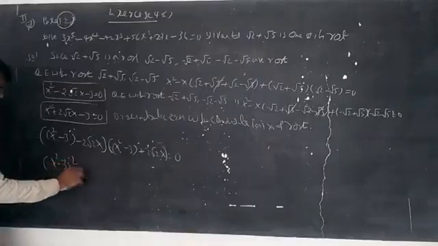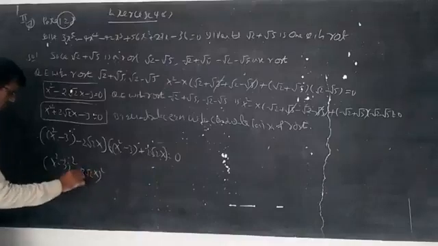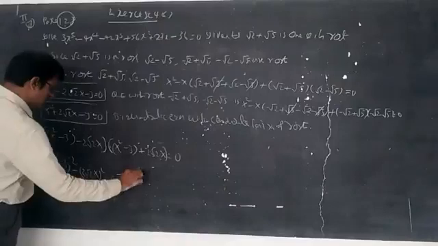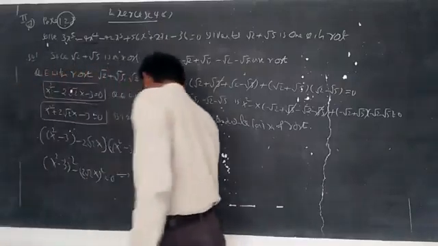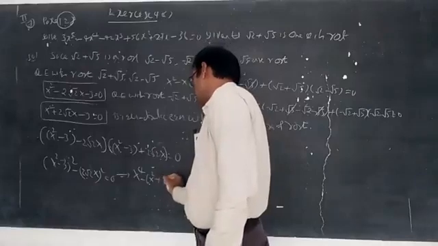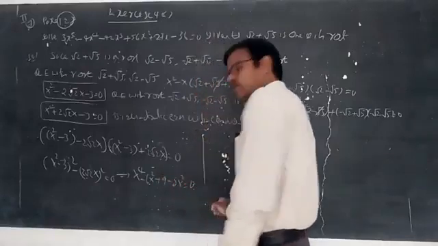x square minus 3 whole square minus 2 root 2 x whole square equal to 0. That implies x power 4 minus 6x square plus 9 minus 8x square equal to 0.